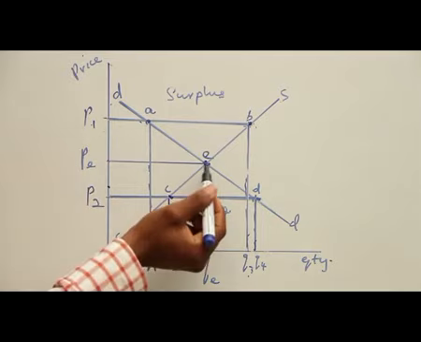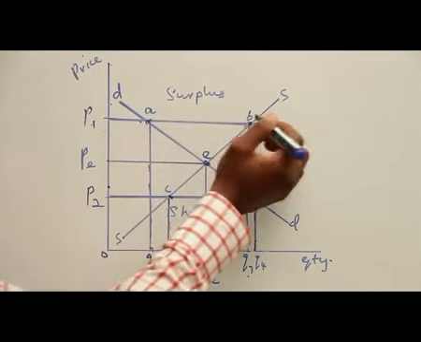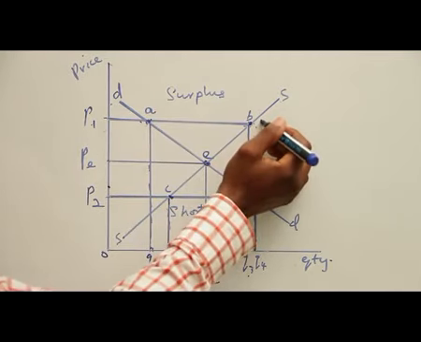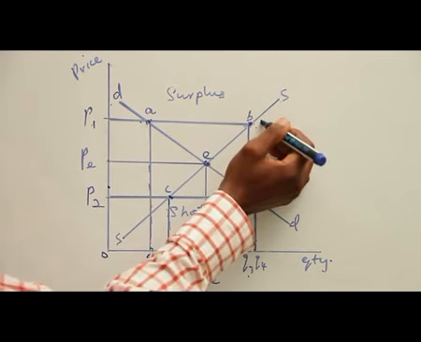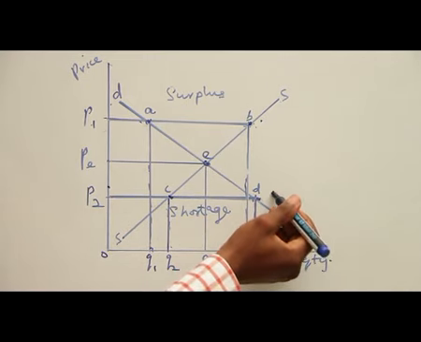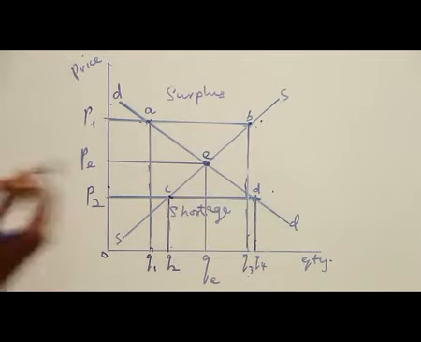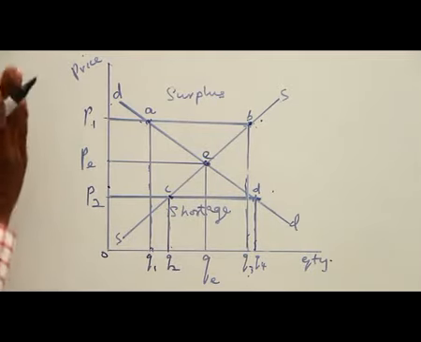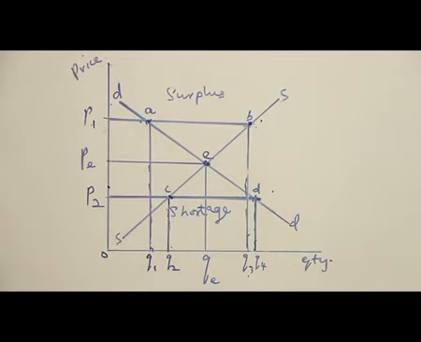So at the end, we come back to the equilibrium point. To summarize, points A and B imply surplus, excess supply, while points C and D imply shortage, excess demand. To come back to equilibrium, supply will be increasing by increasing the price. So in the long run, we come back to this.